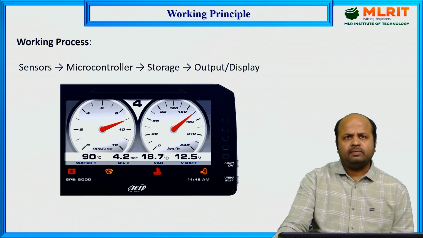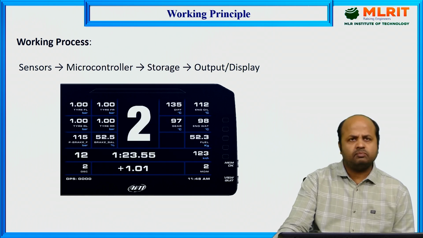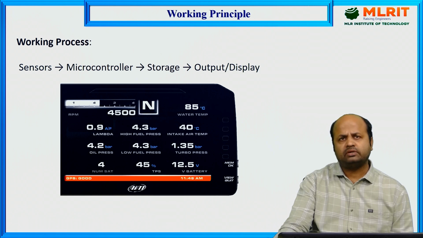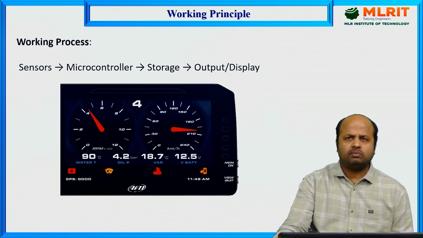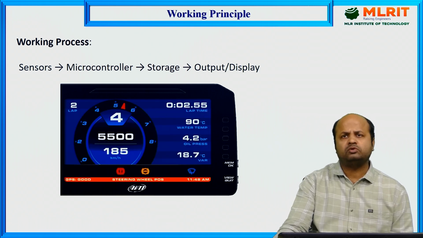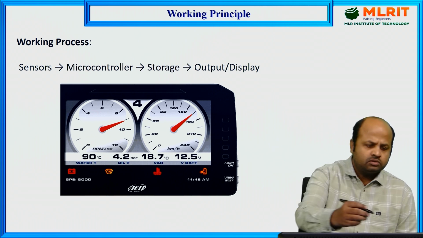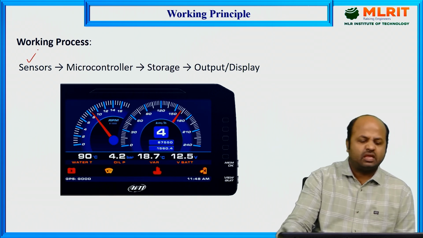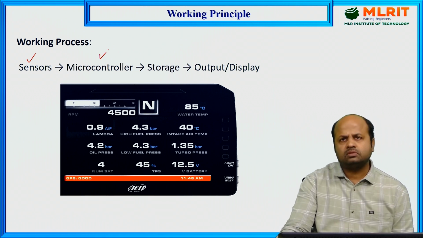Here we can see the working process of a data logger, how it works and stores the data over a period of time, and also displays it to the end user. In the working process, the sensors are connected to the microcontroller.